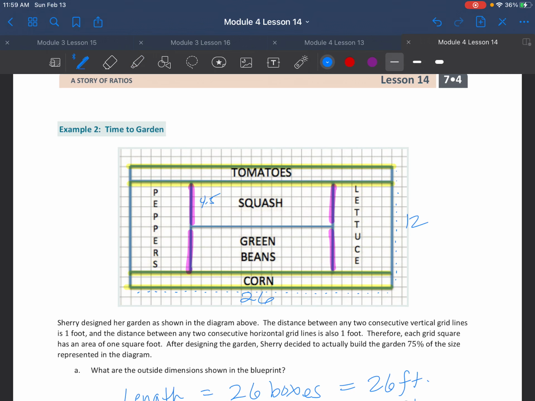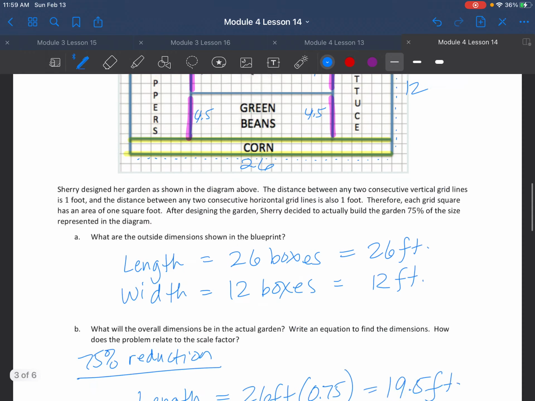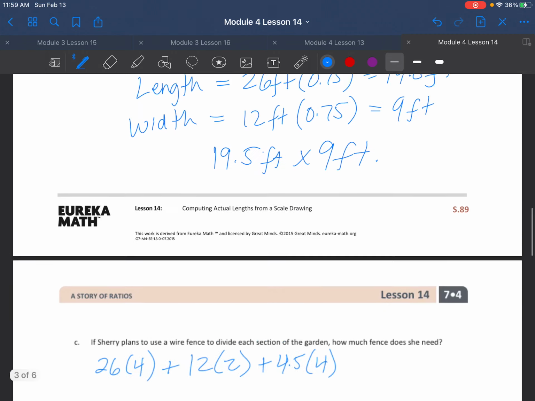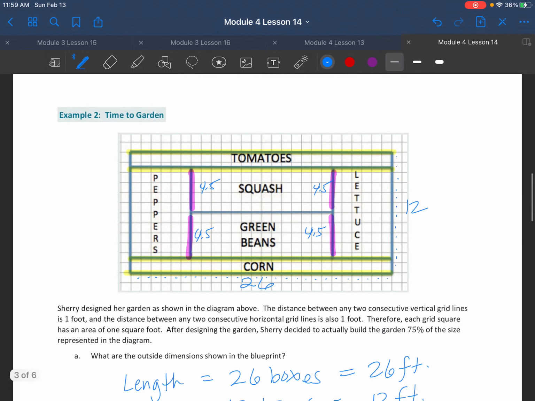All right. Then let's see what else do we have here. We've got these inside, right? We've got these things here, right? Let's see what those are. 1, 2, 3, 4. And there's a little bit at the top. So we're going to call these 4.5. And there are 4 of them.